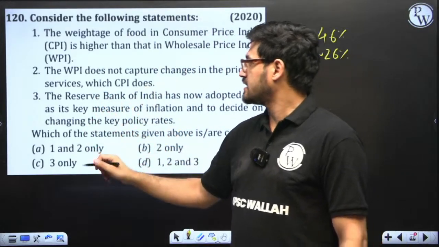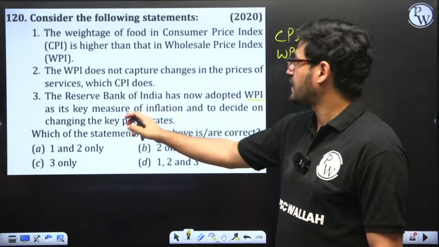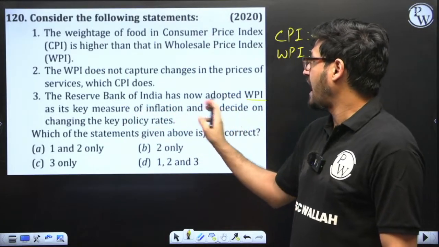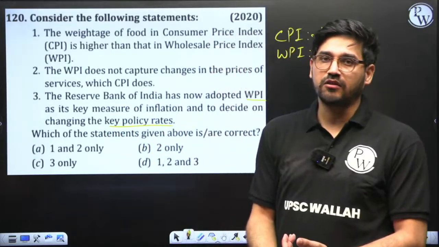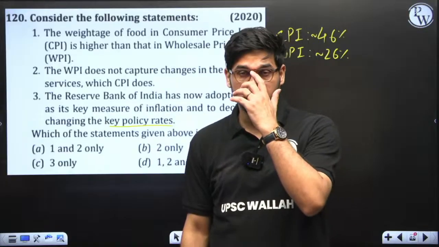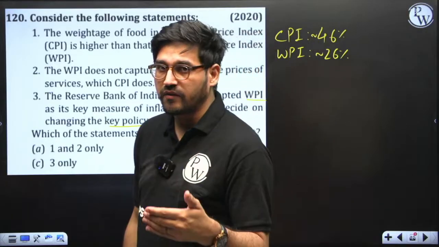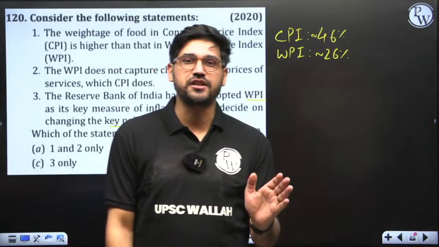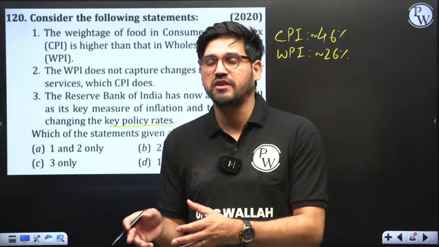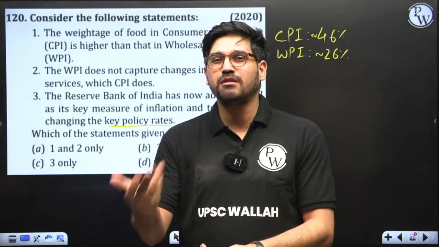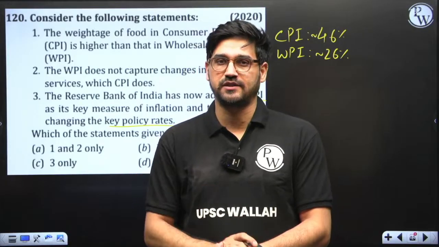The third one says the RBI has now adopted WPI as its key measure of inflation and to decide on changing key policy rates. Now, after the advent of the Monetary Policy Committee, the monetary policy framework works with the objective of inflation targeting alongside growth. If you think about it logically, why would the RBI pick WPI as an index for inflation?